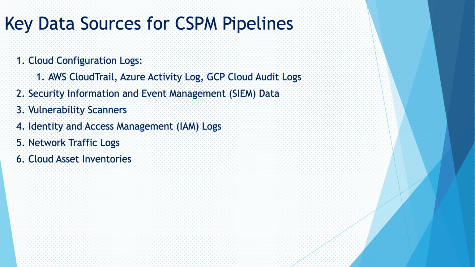This is very crucial information, because using that only anybody can access your system. So this is very sensitive security information, and we should ingest them in our CSPM system to build a robust security system. Similar to that, network traffic logs, cloud asset inventories, etc., etc.